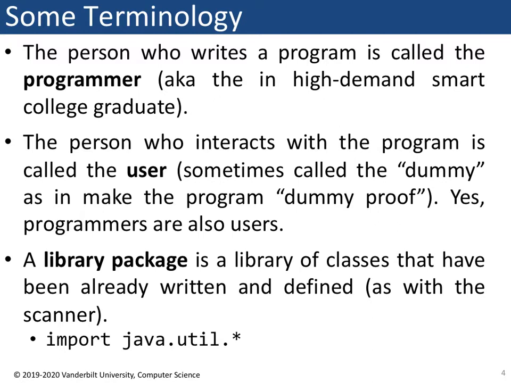A good example of that is scanner or the system class. Otherwise, you would have to figure out how to interact with the low-level components of the computer yourself. But it's great that Java has pre-written classes to do that for us.